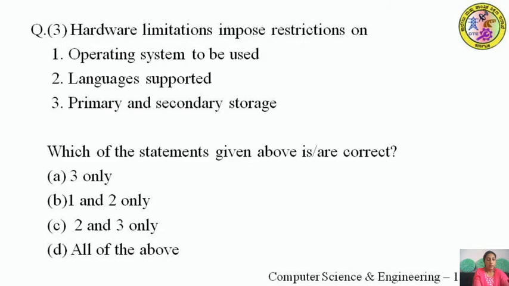Which of the statements given above is or are correct? Your options are option A, 3 only, option B, 1 and 2 only. Option C, 2 and 3 only. Option D, all of the above. So what is the correct answer here?